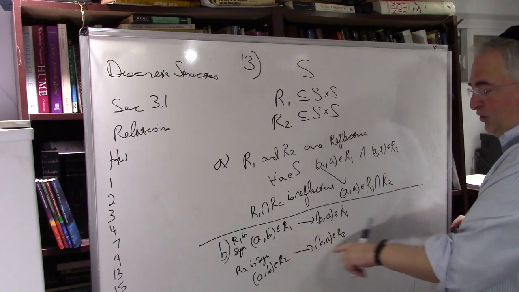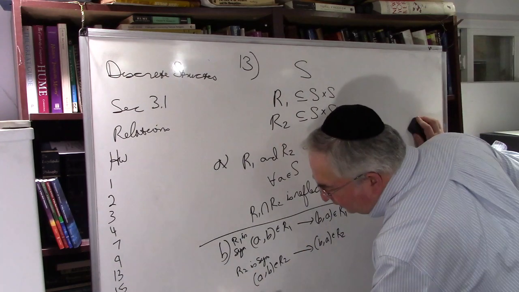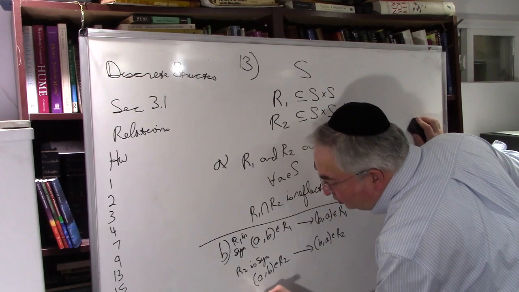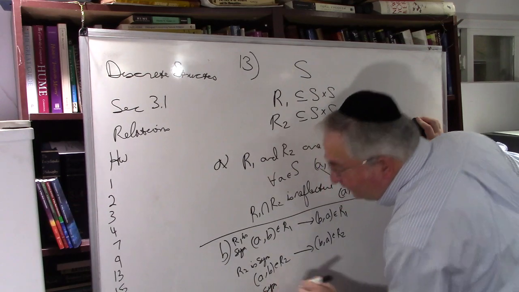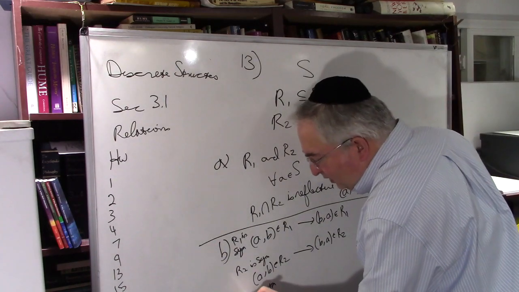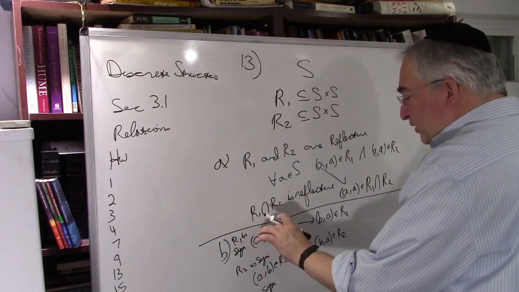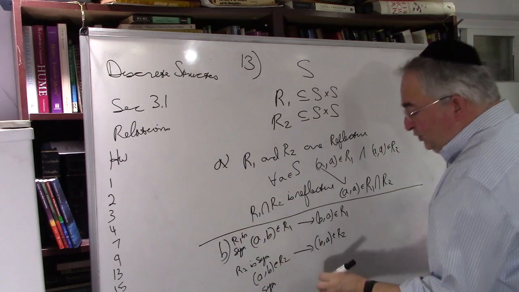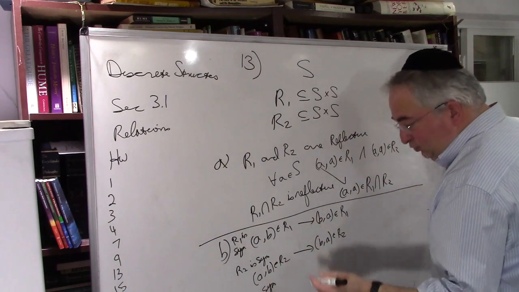Good. Now we assume these two things and we ask the following: is R1 intersect R2 symmetric? That's a good question. In other words, the ordered pairs that are in both R1 and R2. So assume, let's see if it's true or not.